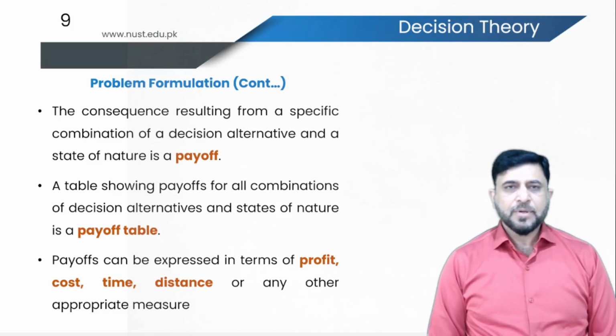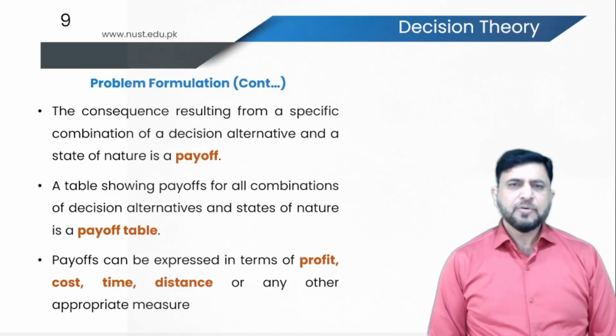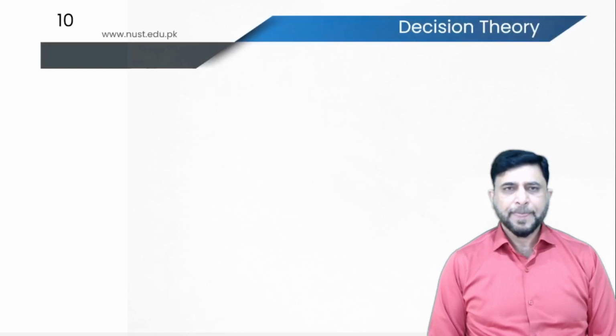A table showing payoffs for all combinations of decision alternatives and states of nature is a payoff table. Payoff can be expressed in terms of profit, cost, time, distance, or any other appropriate measure. Generally, we are dealing with these four terms: profit, cost, time, and distance.